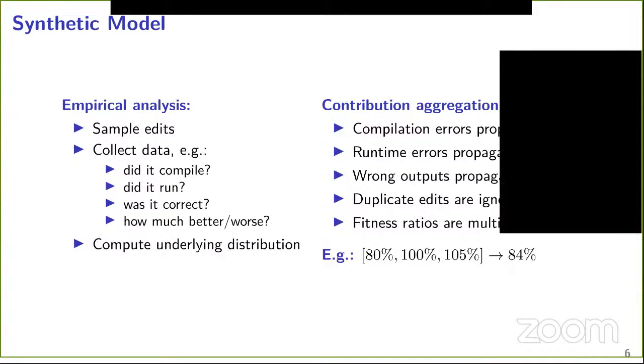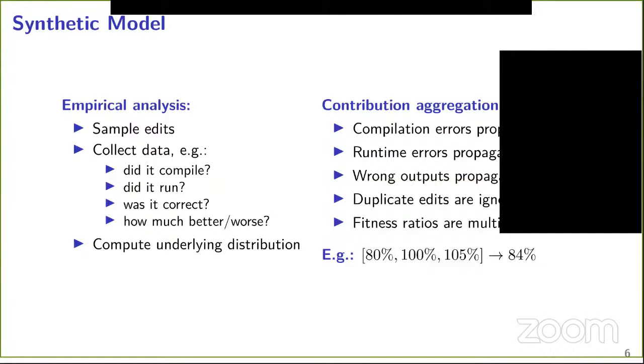So in practice, what do I propose to obtain that synthetic model? Basically, doing empirical analysis on real-world software: take your original software, sample edits, and collect data. For each edit, did the software variant compile? Did it run or did it crash? Was the final answer correct?